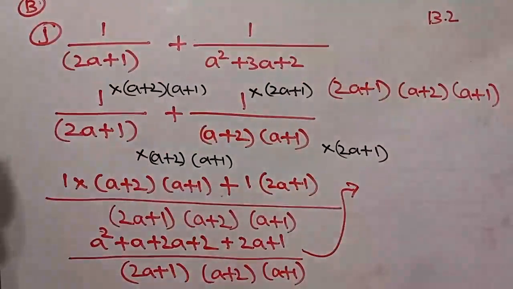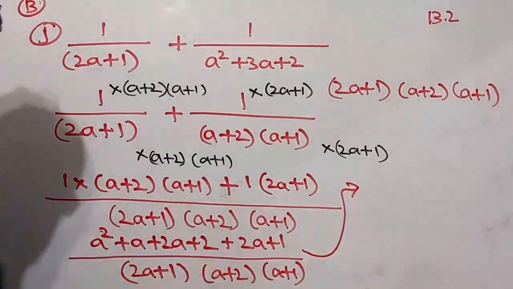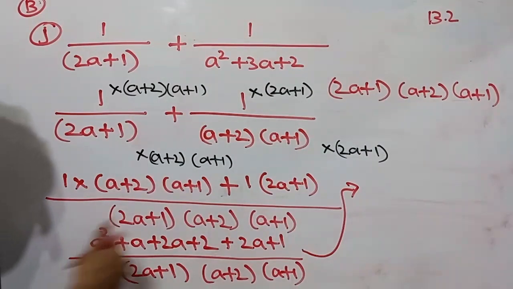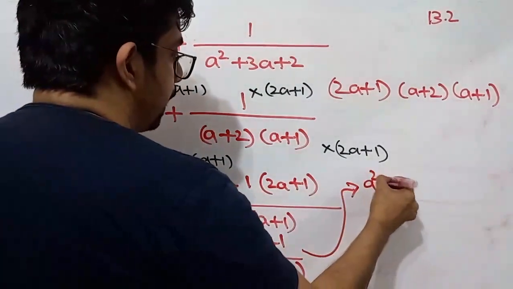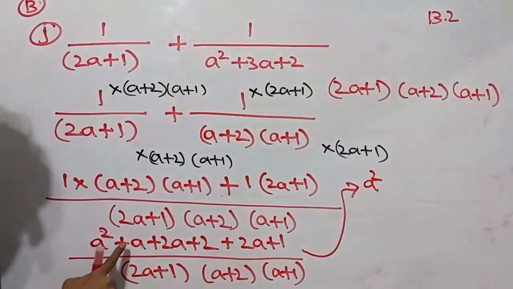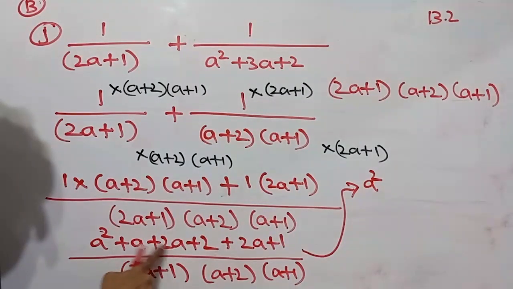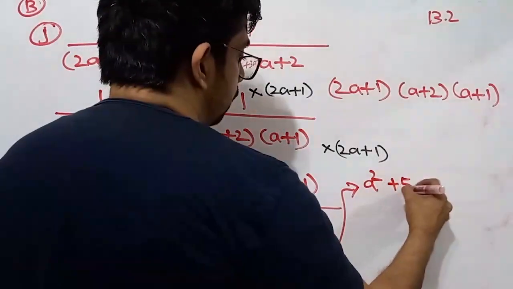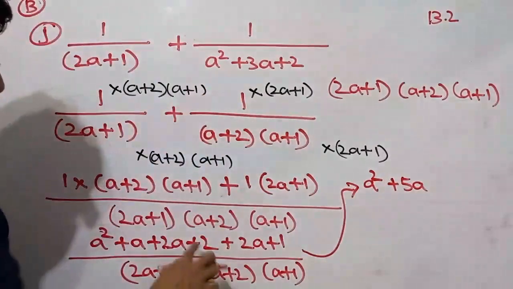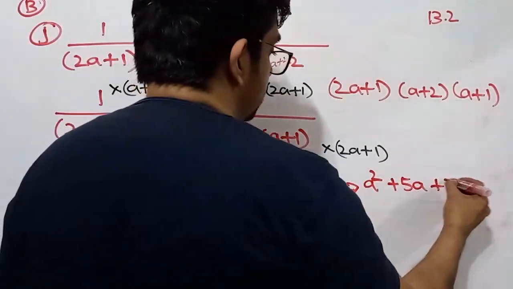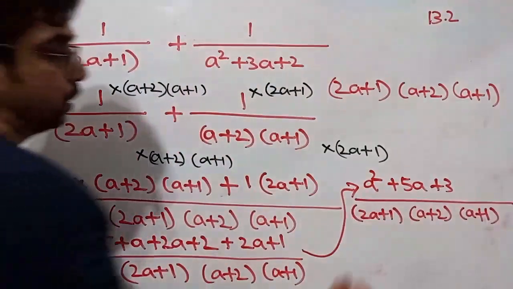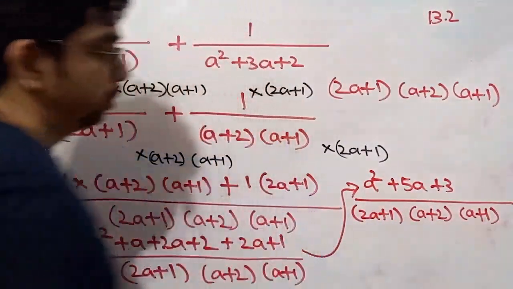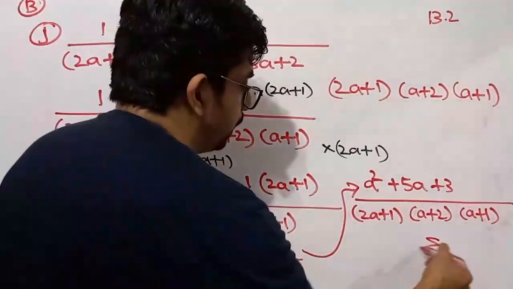We have a squared here, no square term elsewhere, so we can write simply a squared. Then we have a here, 2a here, that means 3a, and 3a plus 2a means 5a. 2 plus 1, that means 3. Then the entire expression needs to be divided by the LCM. So this should be the answer.